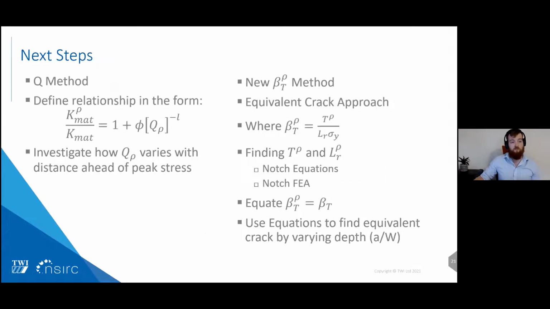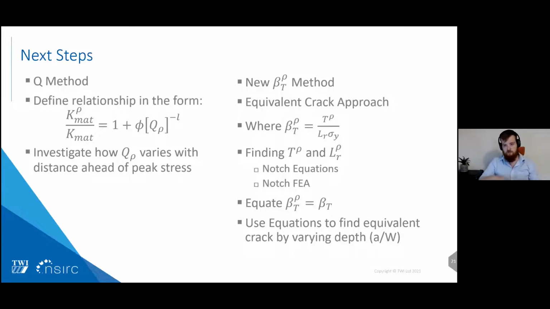So the next steps for this Q method are to define the relationship between loss of constraint and the notched effective fracture toughness over the fracture toughness of the material with a crack, and investigate how this Q row varies with distance ahead of the peak stress, and also to get into the lab to confirm whether our results follow this, that the crack initiation site is near to the position of peak stress.